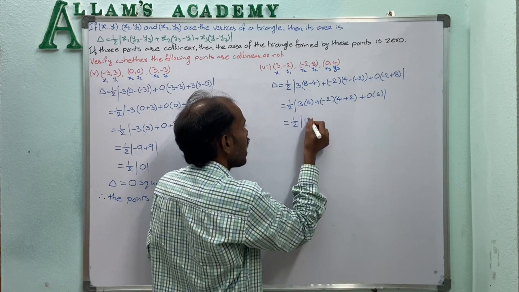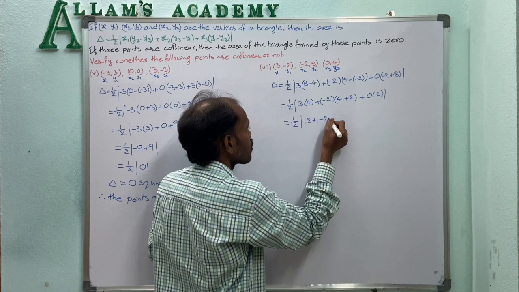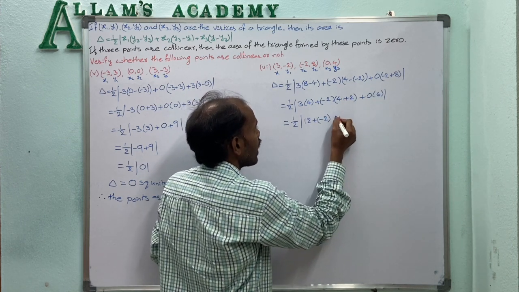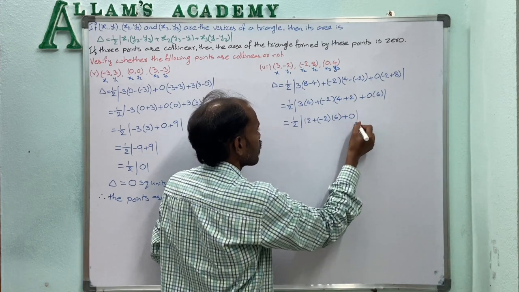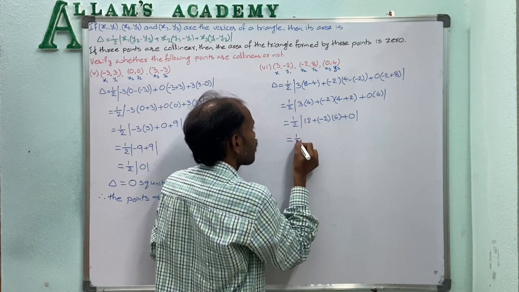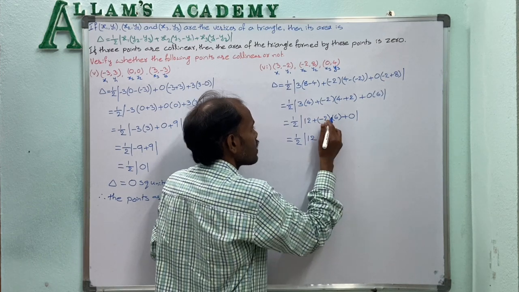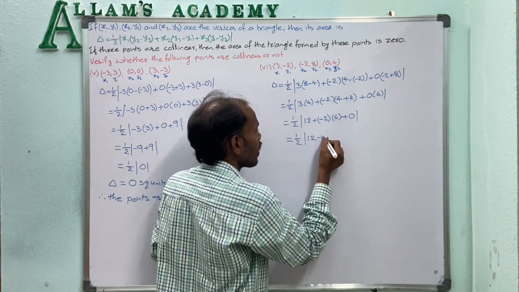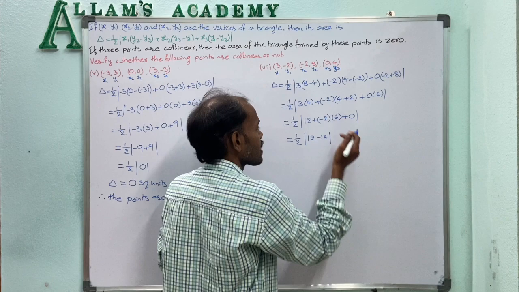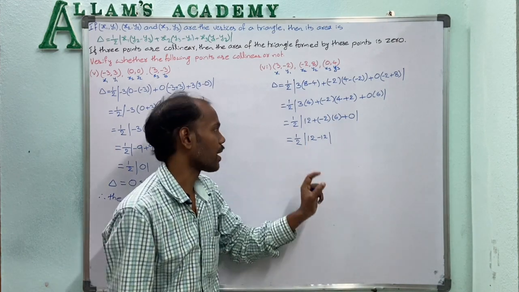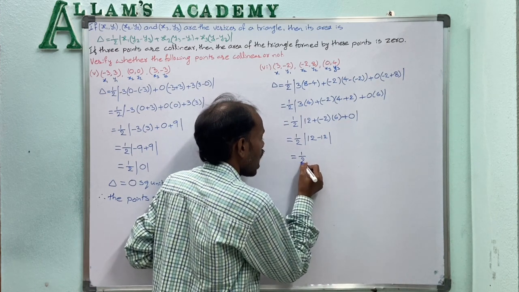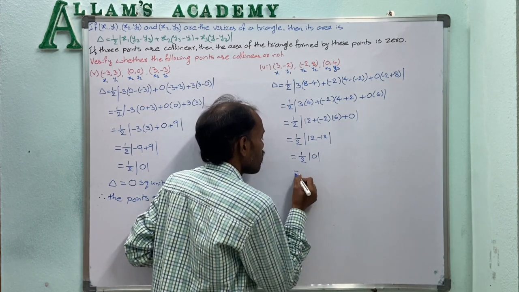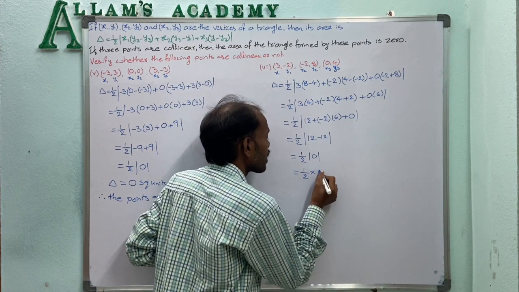So half mod 12 plus minus 2 into 2, that is minus 4, plus 0 into 6 is equal to 0. So half mod 12 minus 2 into 6 is equal to minus 12, plus 0, adding 0 to any number, that number only comes. So 12 minus 12 is equal to 0. So half mod into 0. So mod 0 is nothing but 0 only.